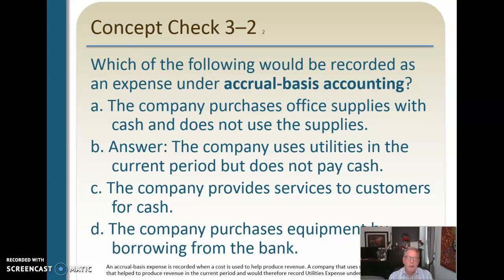So in this case, we would debit utilities expense and credit accounts payable because we didn't pay it in cash. Eventually, we will pay that in cash, and we'll debit cash and credit accounts payable. But we've recorded the utilities expense in the current period.